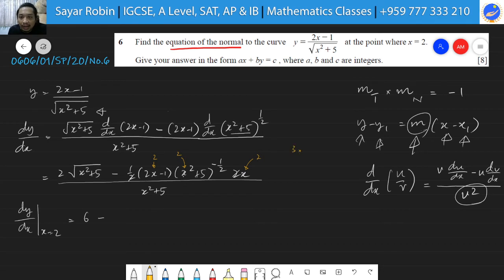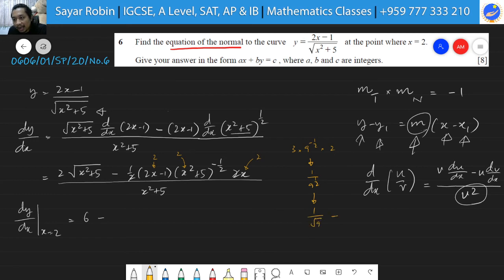Multiply, and then 2 squared is equal to 4, 4 plus 5 is equal to 9, 9 to the power negative half, multiplied by, okay, this one is only 2. 9 to the power negative half, how do you understand it? It's easy. 9 to the power negative half means 1 over 9 to the power half. 1 over 9 to the power half means 1 over the square root of 9.